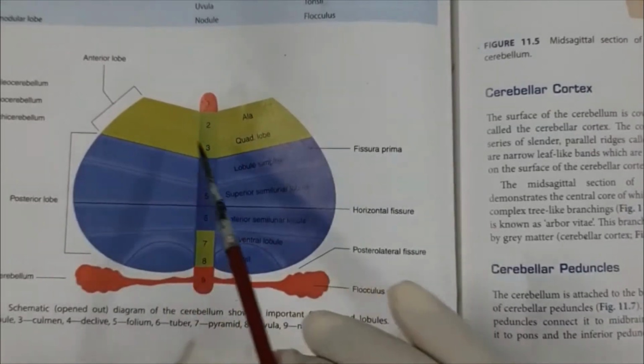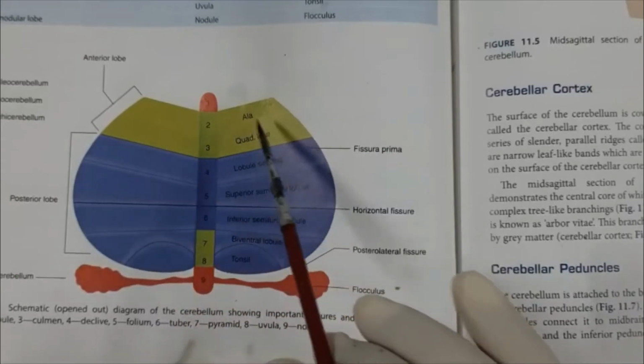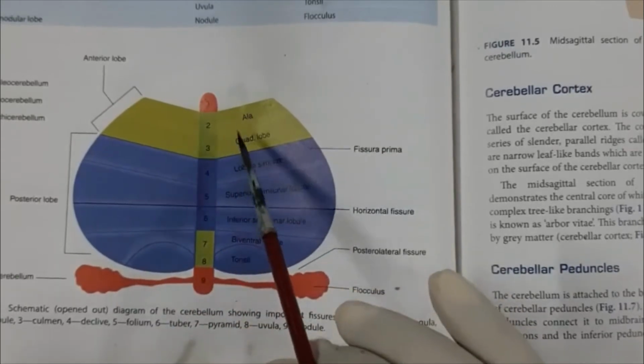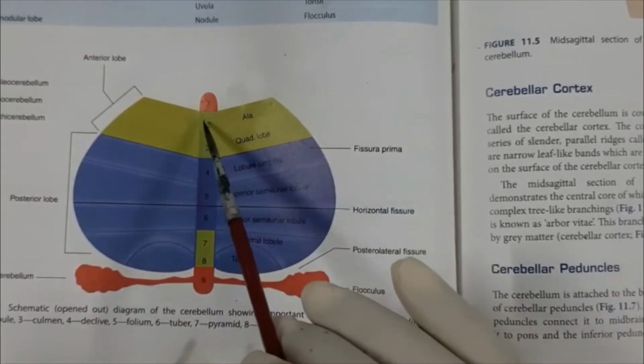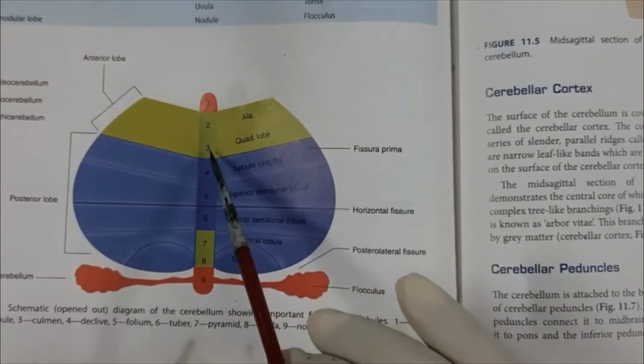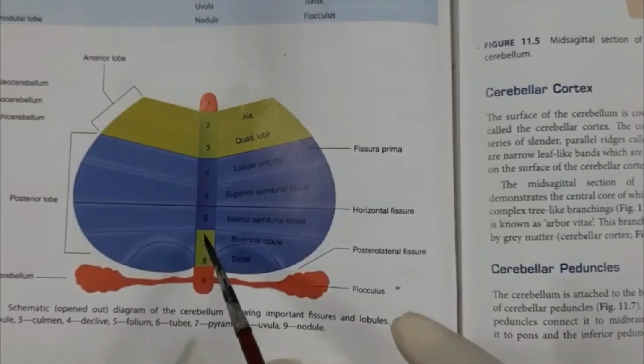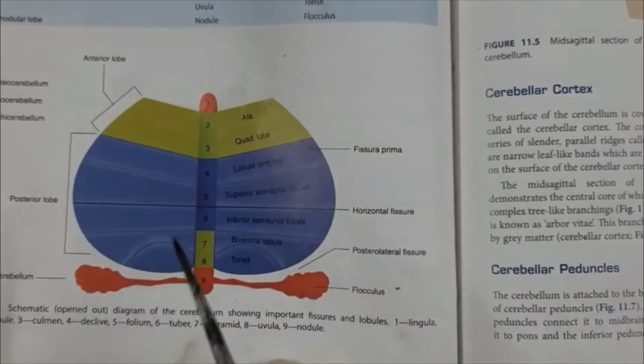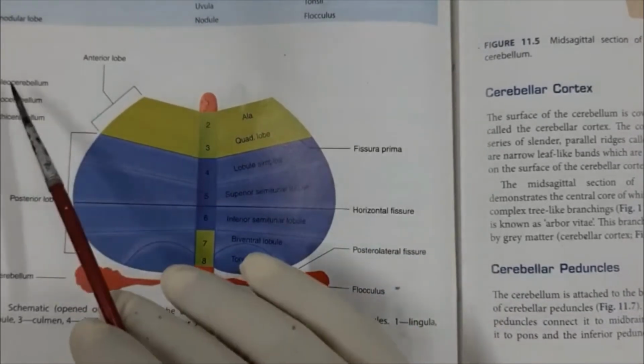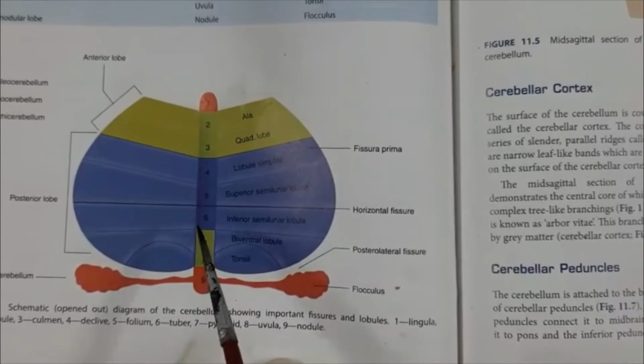Then come to this green color, which is the part of the anterior lobe: the quadrate lobe, ala, and the central lobule and culmen. Also on the inferior surface, the pyramid and the uvula are part of what phylogenetically is called the paleocerebellum.